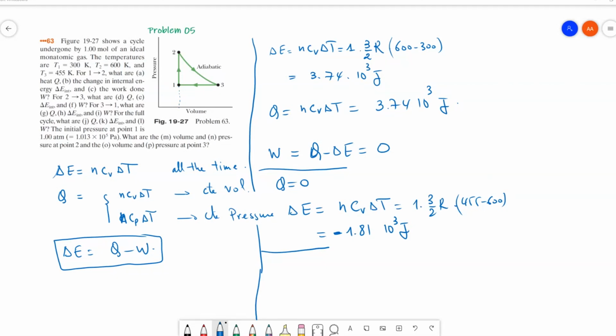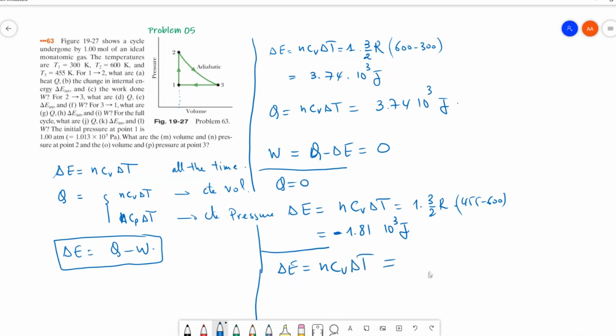The words are important. Isobaric, absolutely, thank you. So since it's isobaric, the pressure here is the same, right? Delta E is equal to n Cv delta T. We said that this one works all the time.